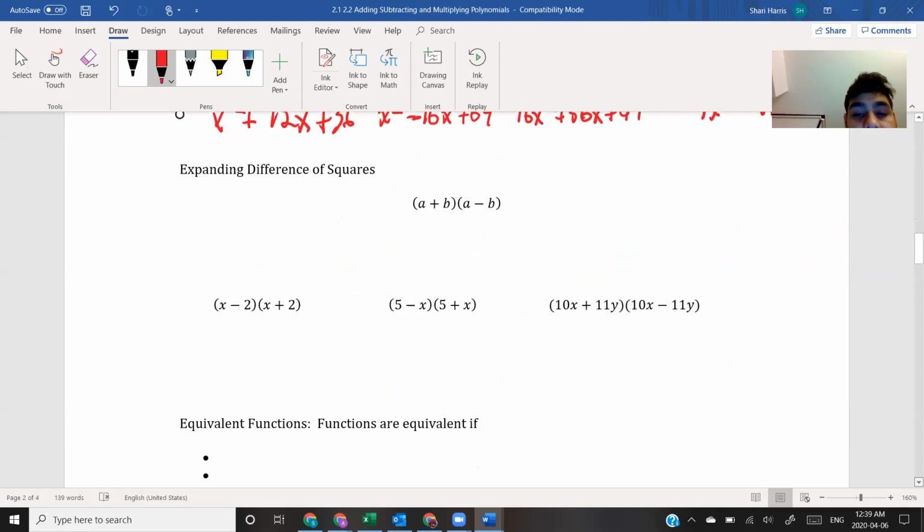When you expand difference of squares, this is what it's going to look like. So we have a squared minus ab plus ab minus b squared, and these cancel out, and then we're going to get a squared minus b squared.